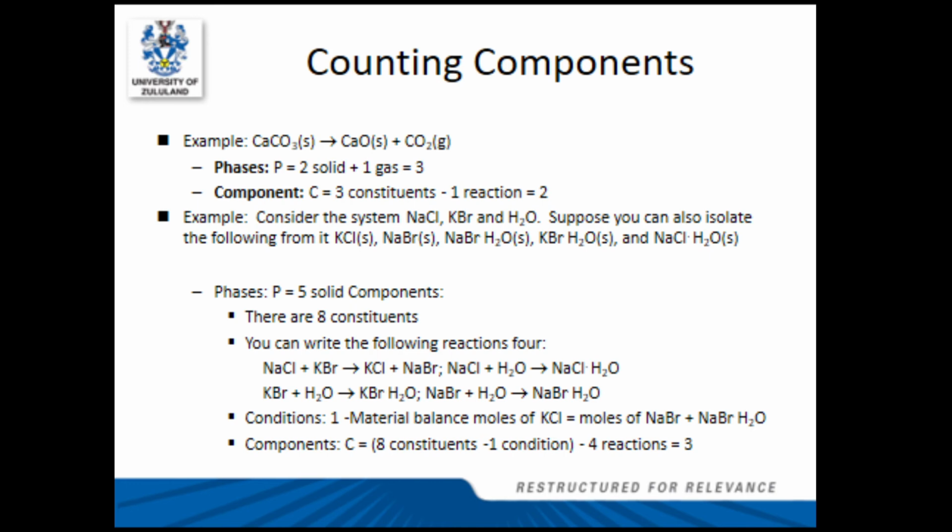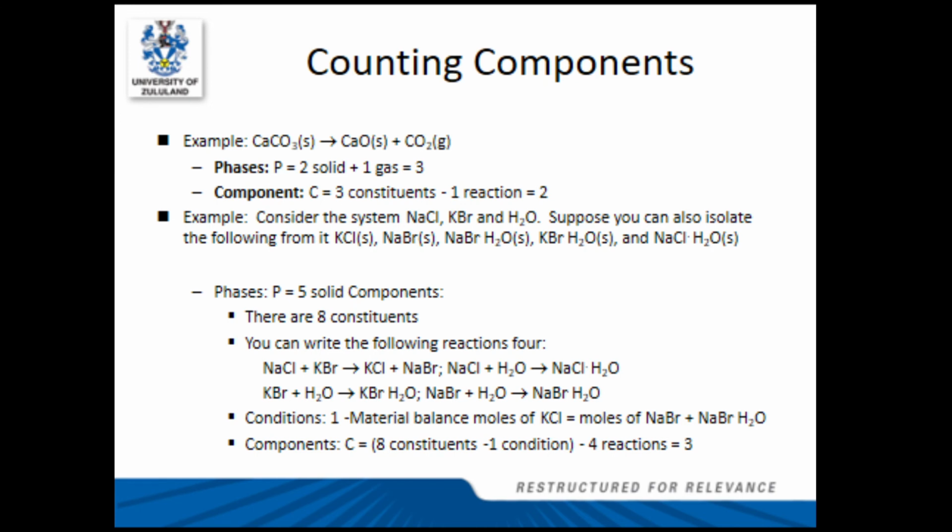Because we have to count everything, whether it's in solid state or its state is not given. So even sodium chloride, potassium bromide, and water, we are also going to consider them. So the number of constituents is equal to 8. If we know the number of constituents, it means we can calculate the components.